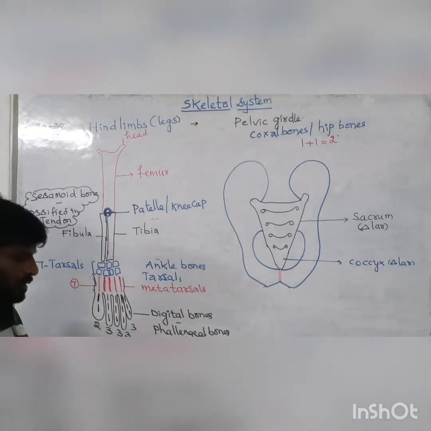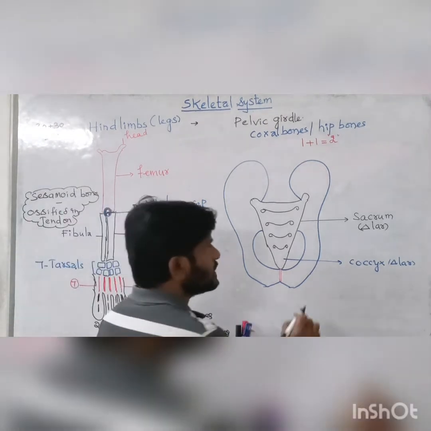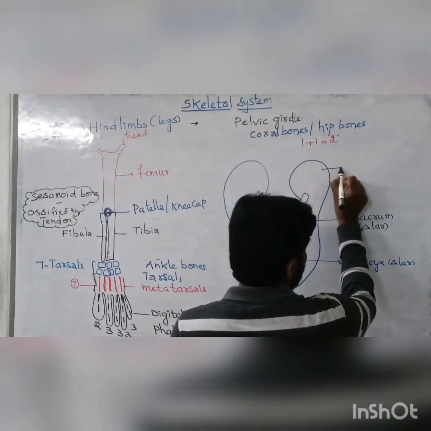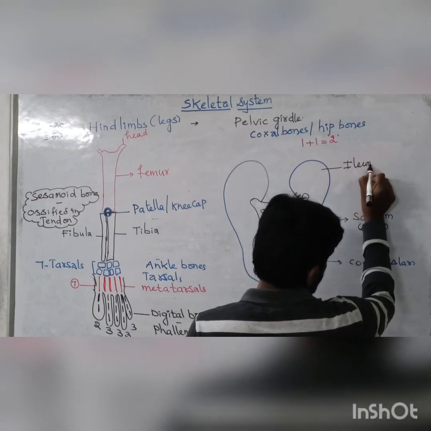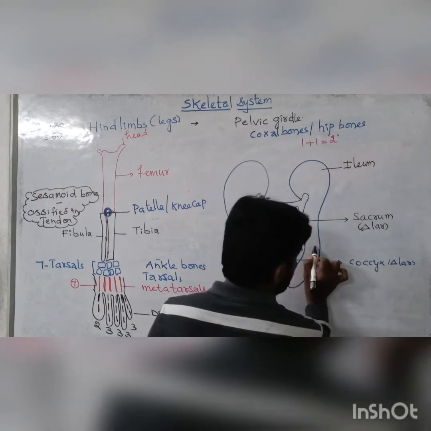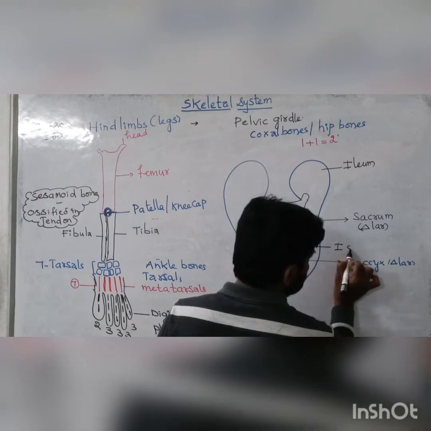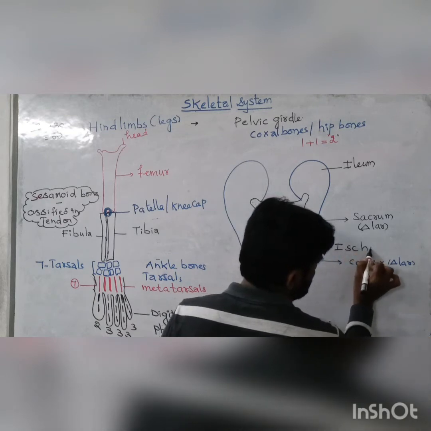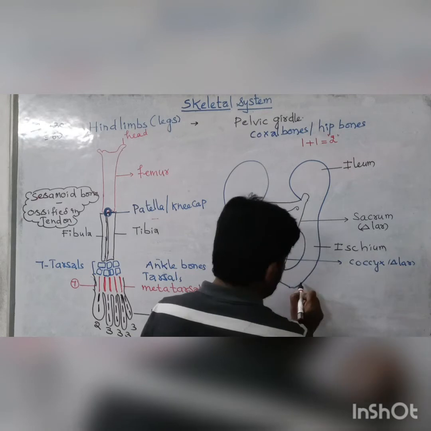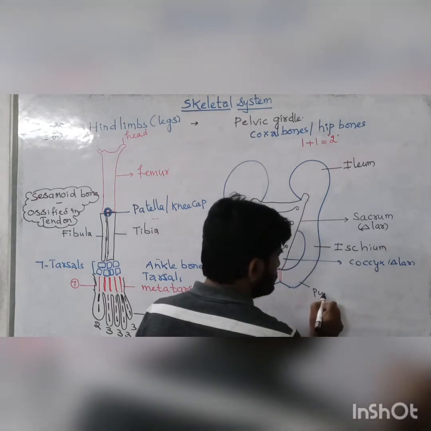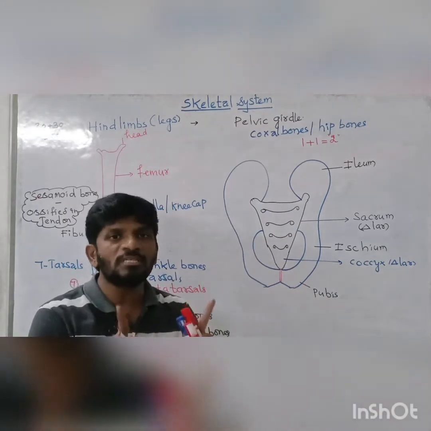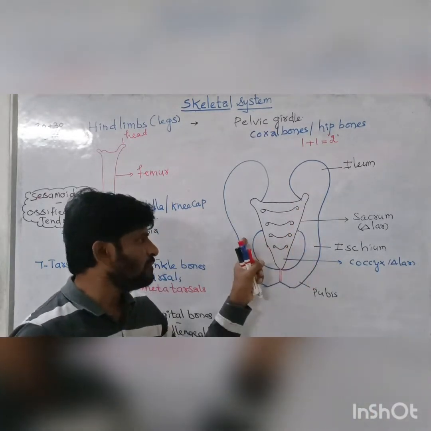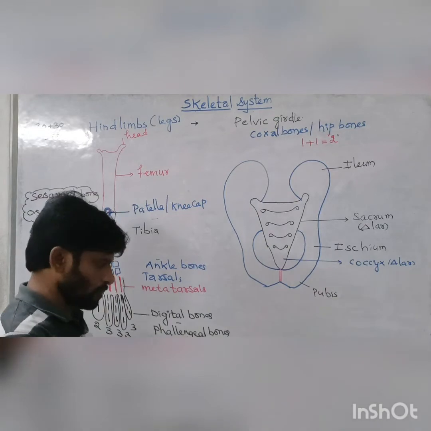The parts of the pelvic girdle bone are 3. This is the ilium, this bone is the ischium, and this is the pubis. Parts are 3 but the bone is single. Single pelvic girdle bone on each side, 1 plus 1 is equal to 2.